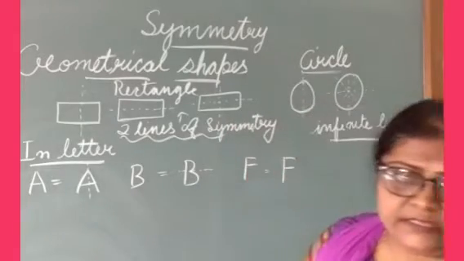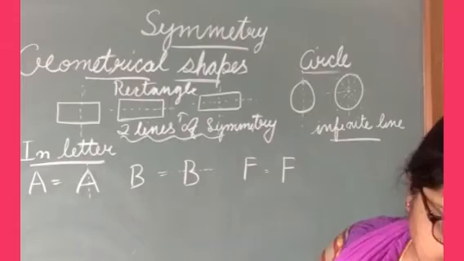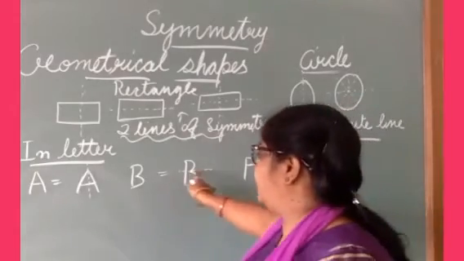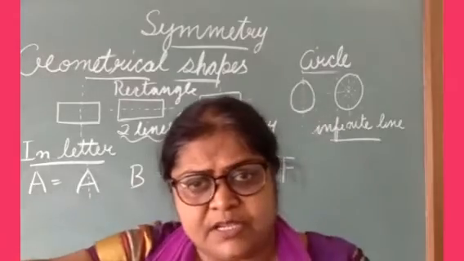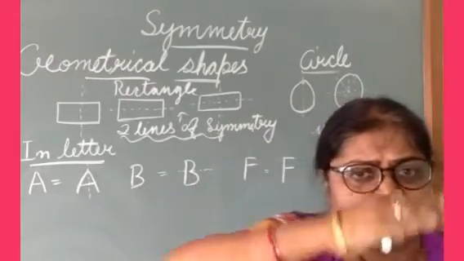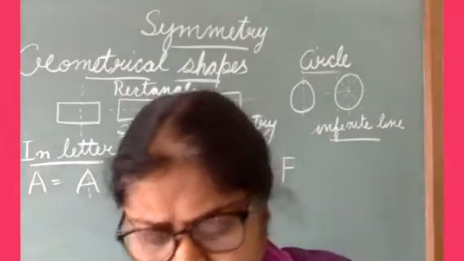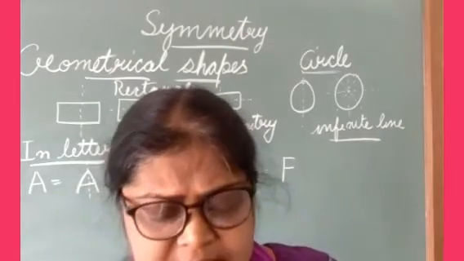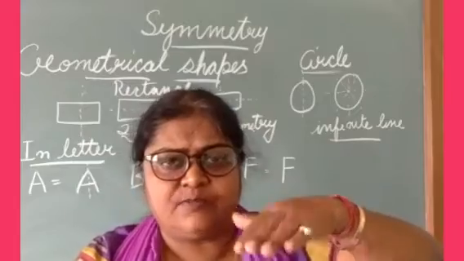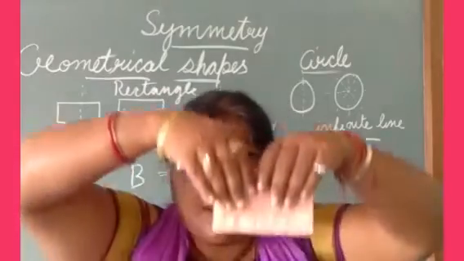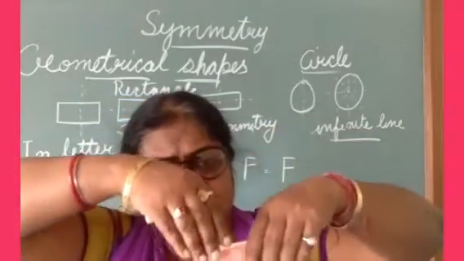Next one is the letter B. In letter B also you can draw one symmetrical line. Symmetrical means both sides should be the same. If you divide it, the right portion and left portion will be the same.